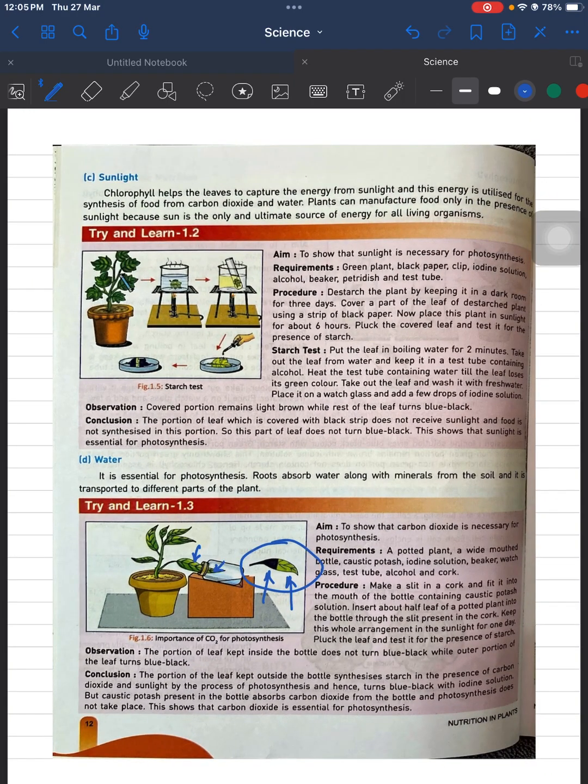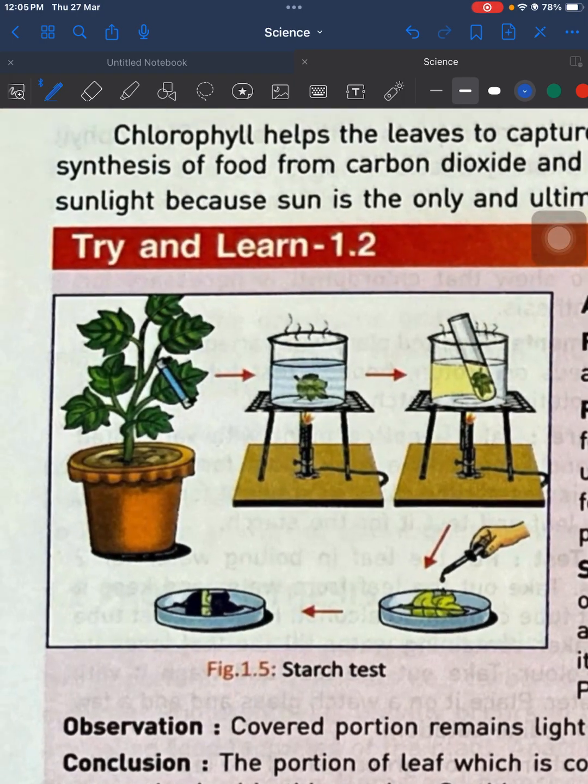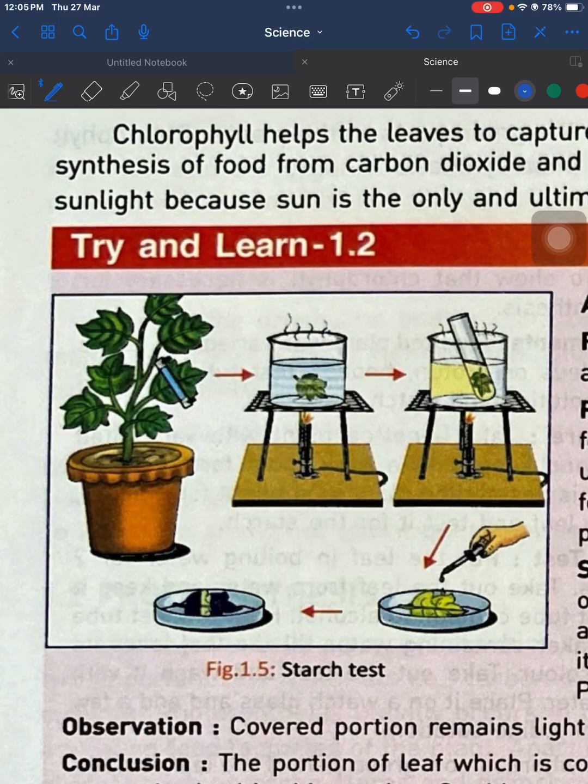Then the third experiment shows that sunlight is required for photosynthesis. For this experiment, we stick a tape on the leaf, and because of the sticky tape, there is no sunlight under this tape. We boil the leaf in water, and then we boil the leaf in alcohol for a few minutes, and then we pour the iodine solution.